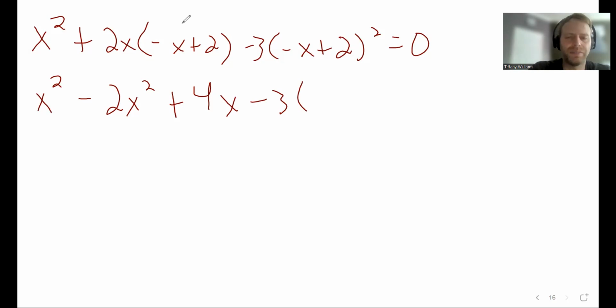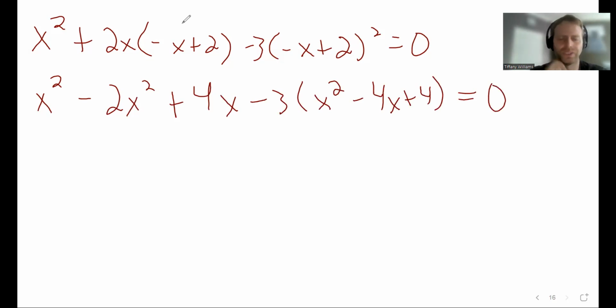I think that's going to be x squared minus 4x plus 4, if I'm not mistaken, equals 0. I'm just making sure I got that right. Yeah, it's a FOIL problem.